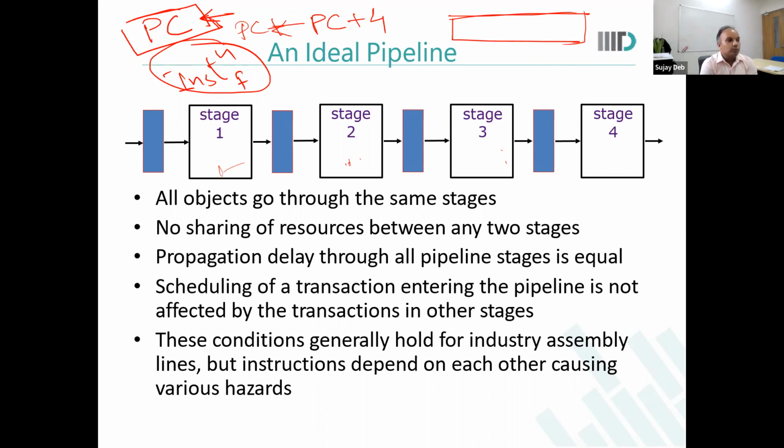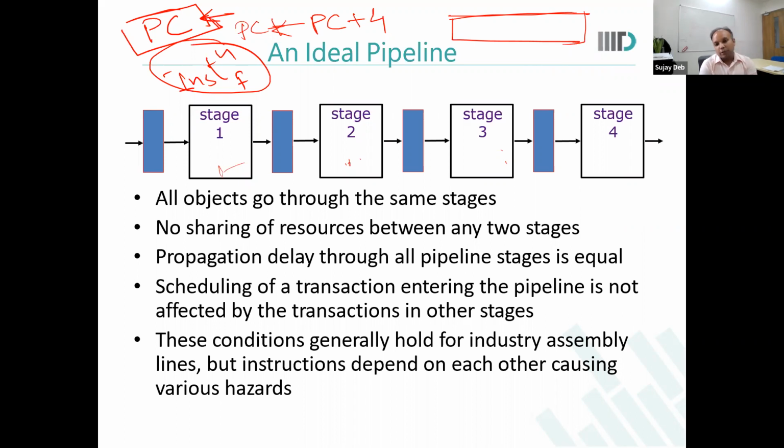In stage 2, now I have brought the instruction. I know what the instruction is. So in stage 2, I'll look at the opcode, and using that opcode I'll generate the different kinds of control signals that are required. For example, if it is an add instruction, then I have to tell my ALU to do an addition operation.